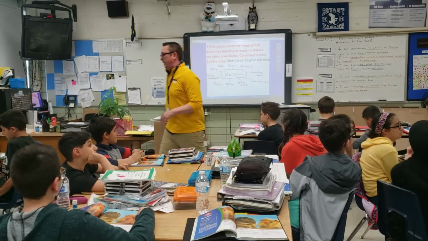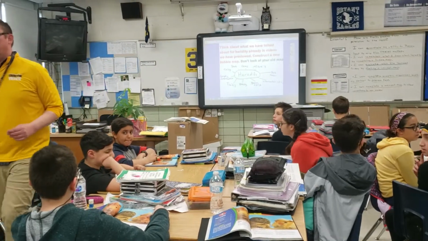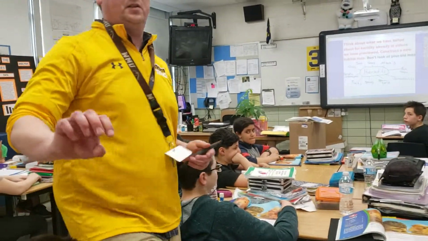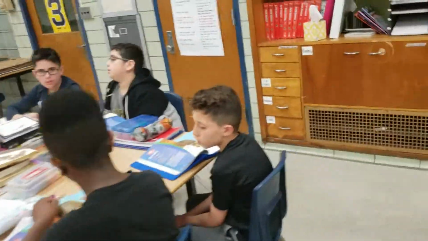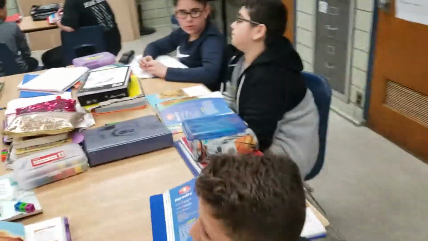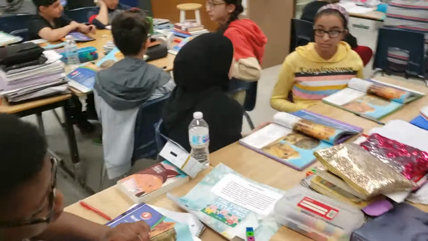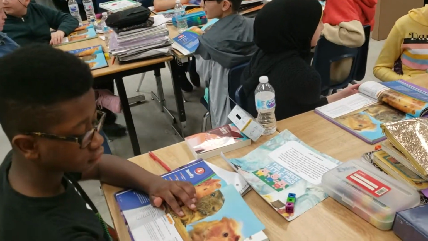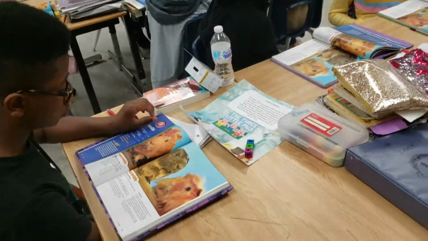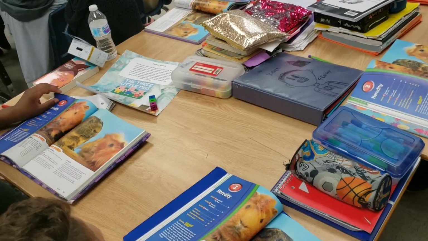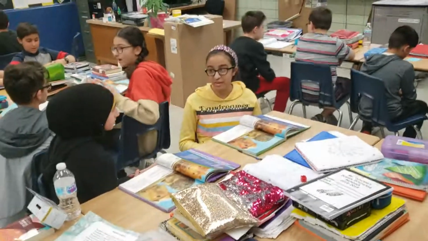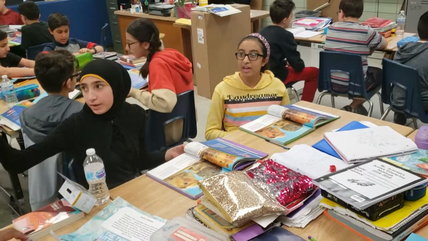Okay, I want you to turn to your elbow partner and have a conversation about things you already know. The first step is questions, and that means you have to think of a question.